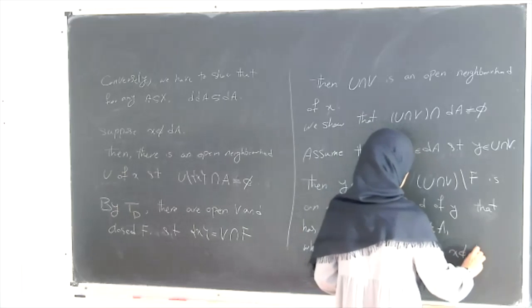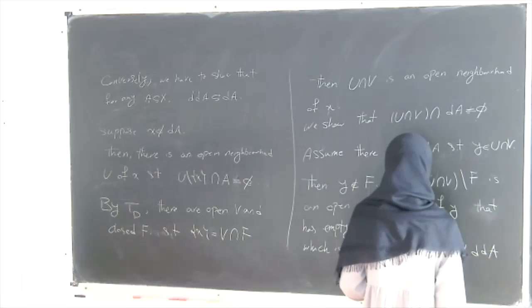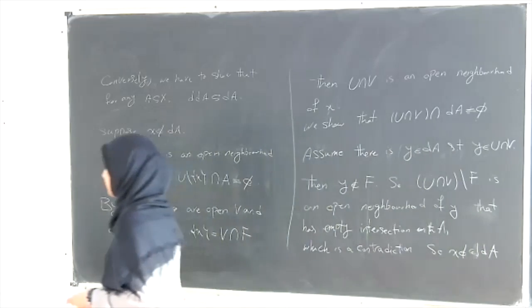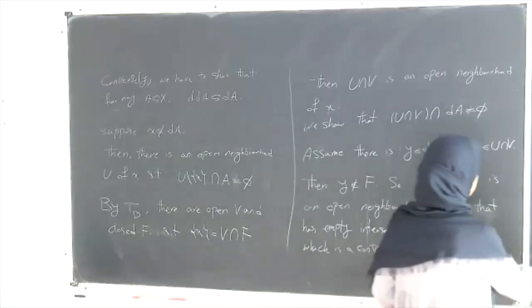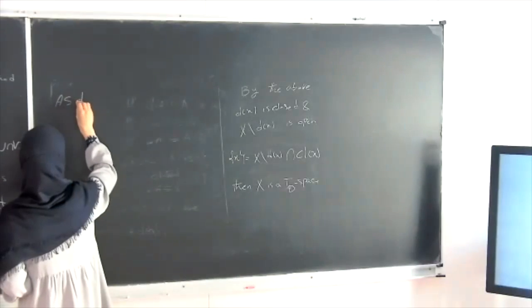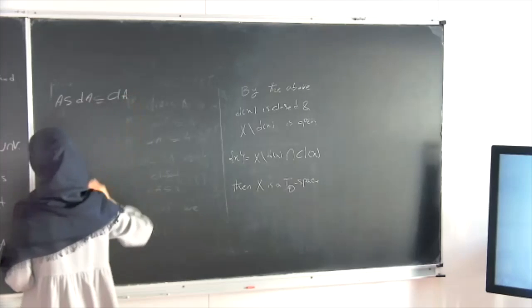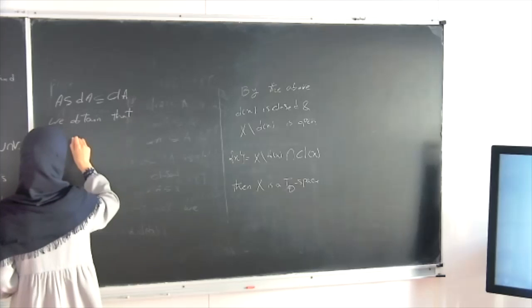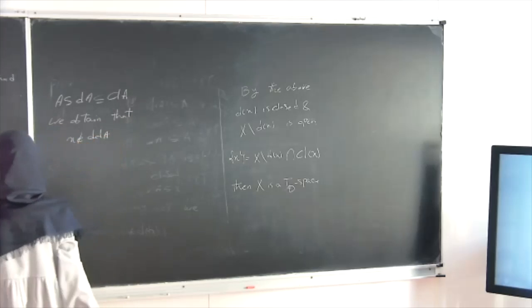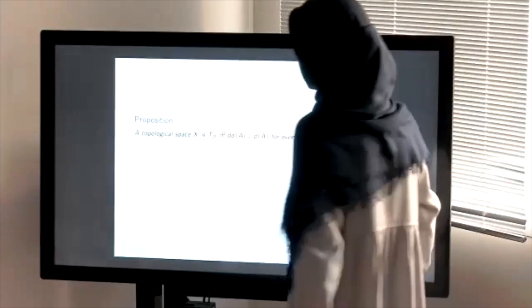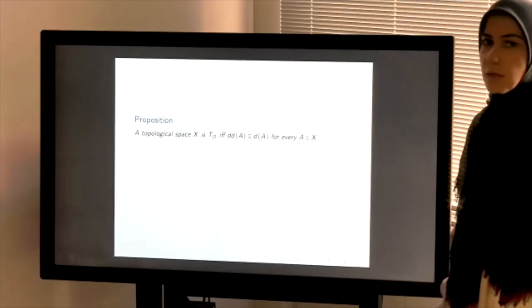So X is not in the closure of D of A, and since D of A is a subset of the closure of A, we have that X is a TD space if and only if D of D of A is a subset of D of A.